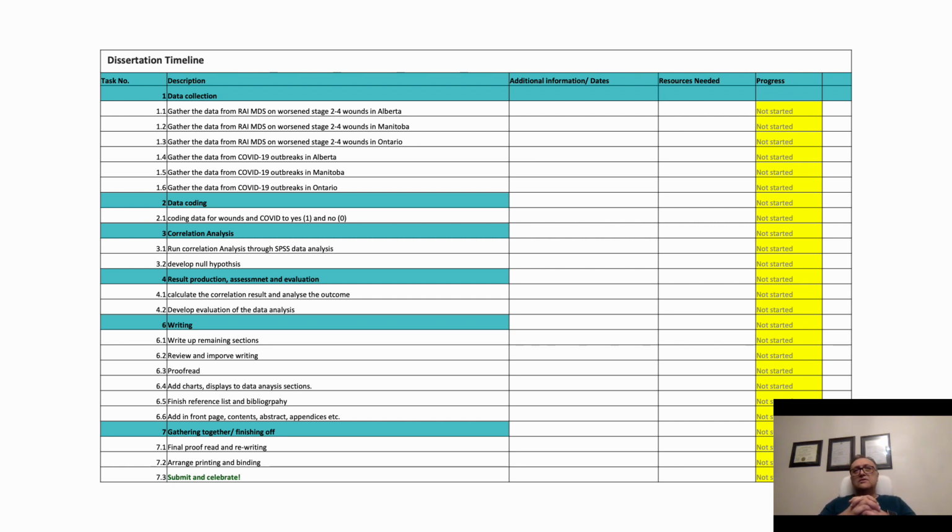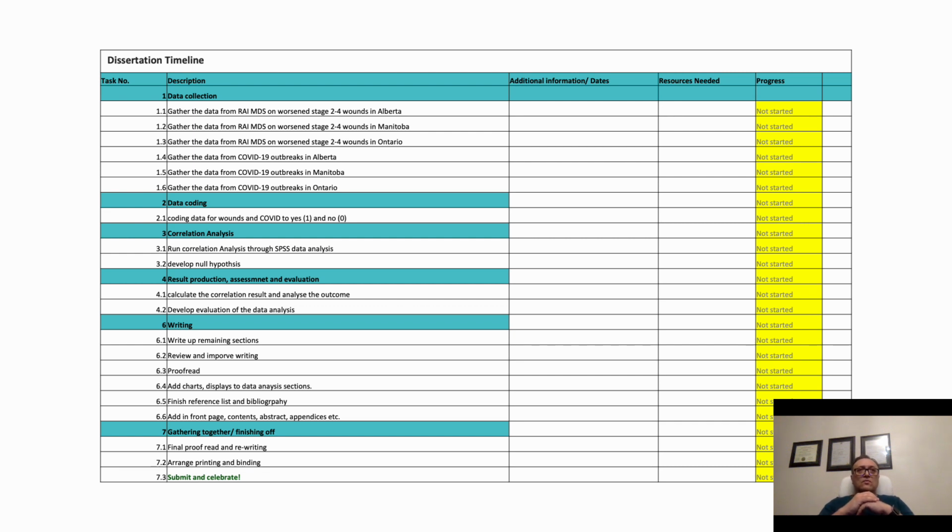And we would like to see, is there any relationship between the COVID-19 and increase, decrease, or consistency on the worsened stage 2 to 4 wounds.